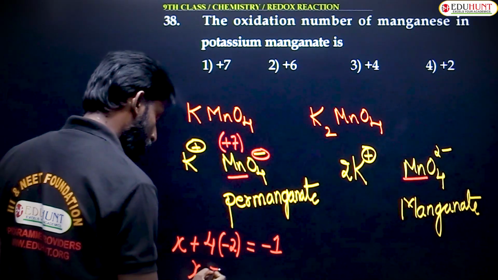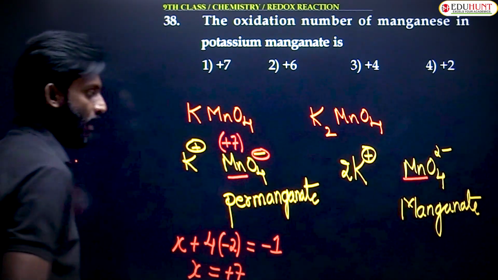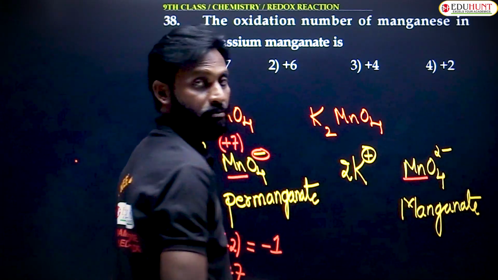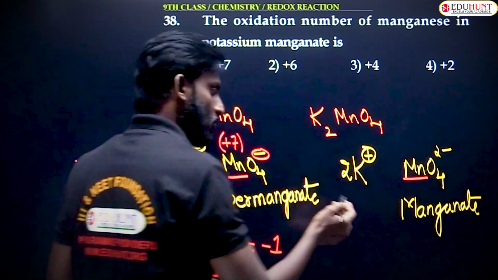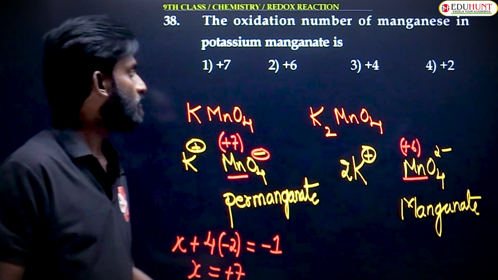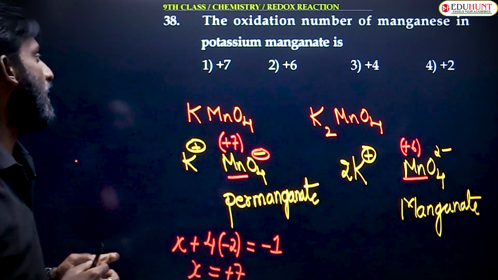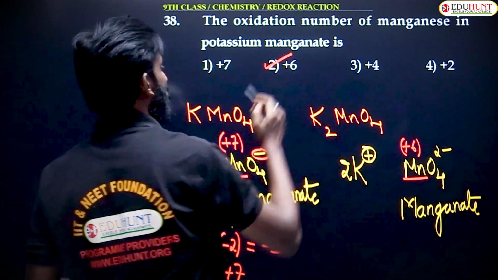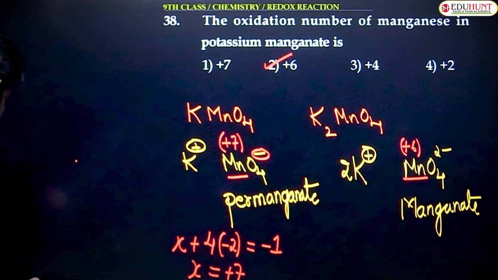So X comes out to be +7. There, similarly, it is a 2 negative charge, so the oxidation state comes out to be +6. That's the difference. So the oxidation number of manganese in potassium manganate is asked. So second option.